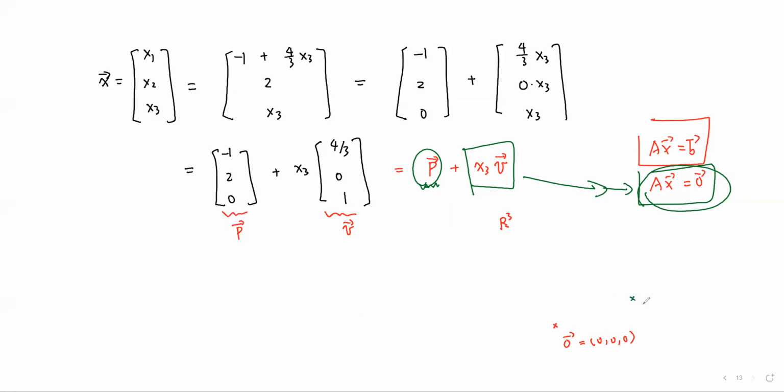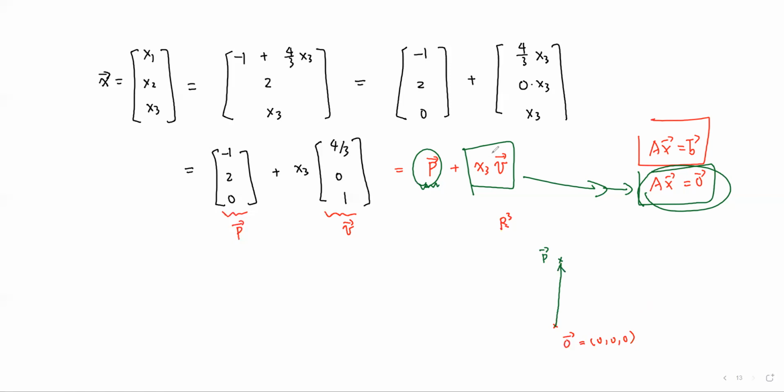This point is vector P. An arrow and a point, they are the same thing. Okay, vector P is here.